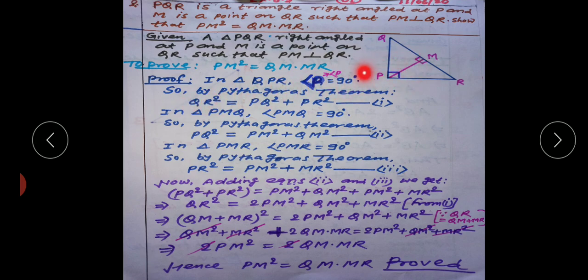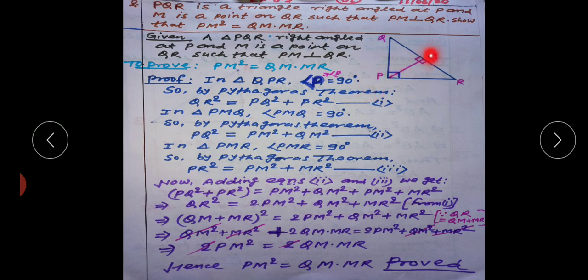So by Pythagoras theorem, we have proved this theorem earlier, the hypotenuse for triangle PQR will be QR. So QR square will be equal to PQ square plus PR square, and let us consider it as equation first.